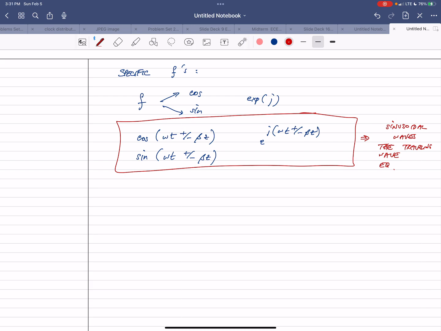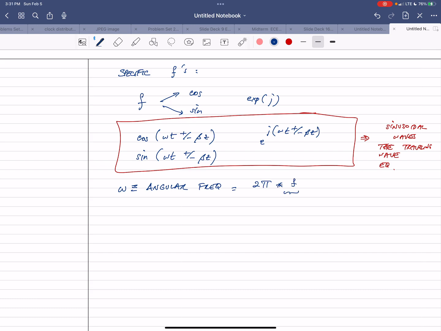And so some of these definitions that are handy in transmission line equations: we call omega, when things are in this form, the angular frequency, and that's 2 pi times f.